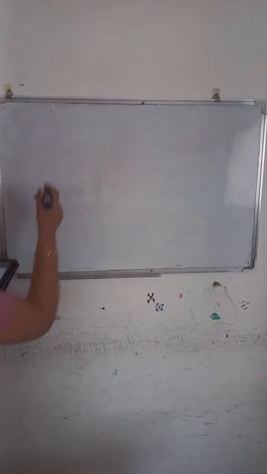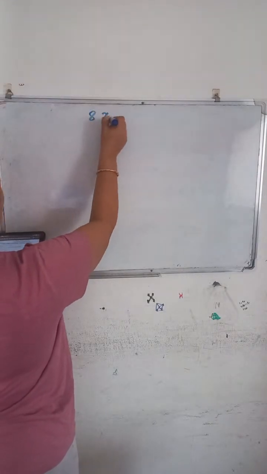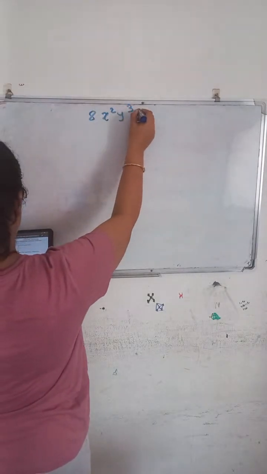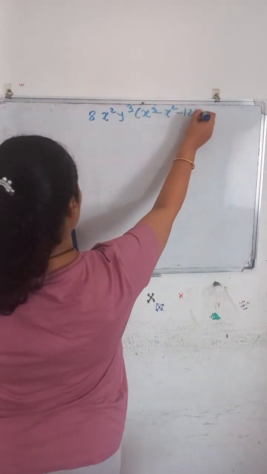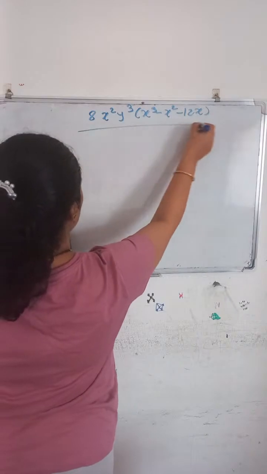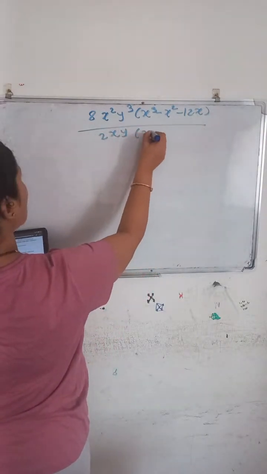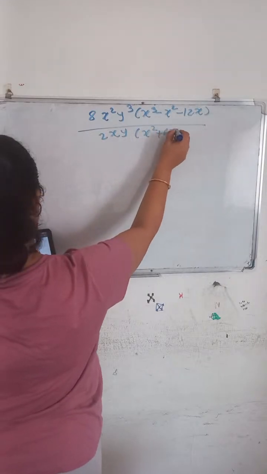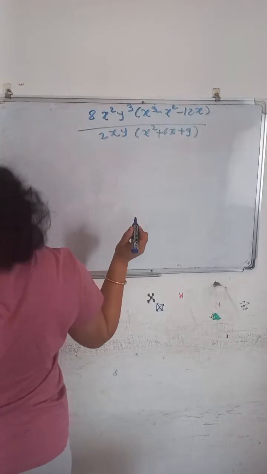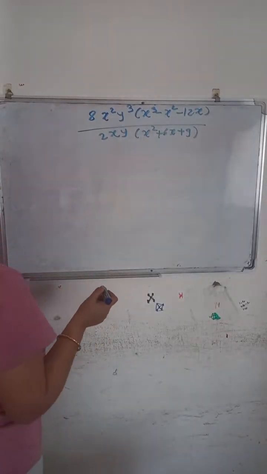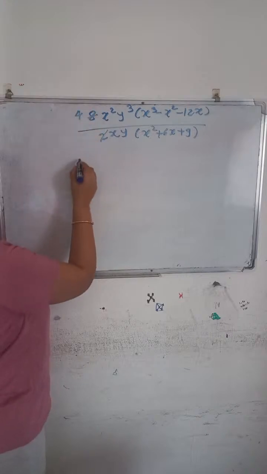They gave here 8x square y cube times x cube minus x square minus 12x, divided by 2xy times x square plus 6x plus 9. Okay, so here you can first divide: 2 4s are 8.